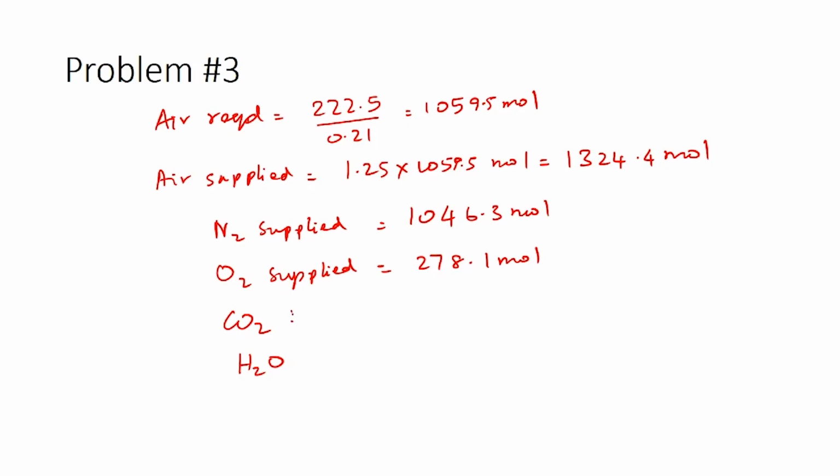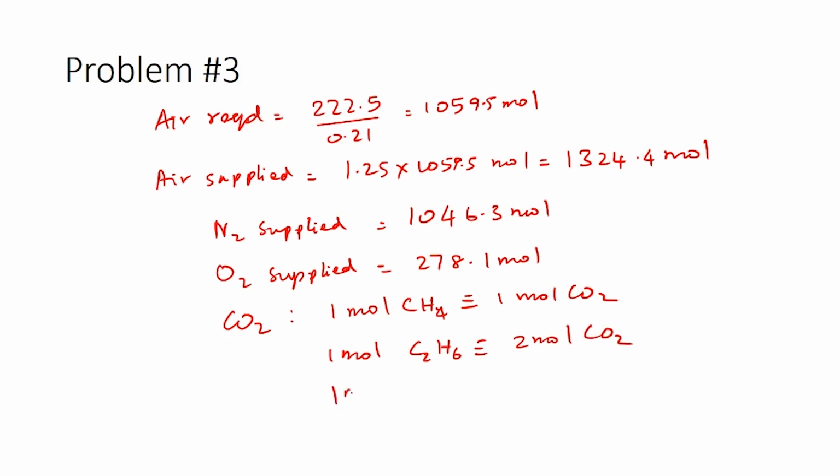To calculate the moles of carbon dioxide, we will use the stoichiometry: 1 mole of methane produces 1 mole of carbon dioxide, 1 mole of ethane produces 2 moles of carbon dioxide, and 1 mole of propane produces 3 moles of carbon dioxide.